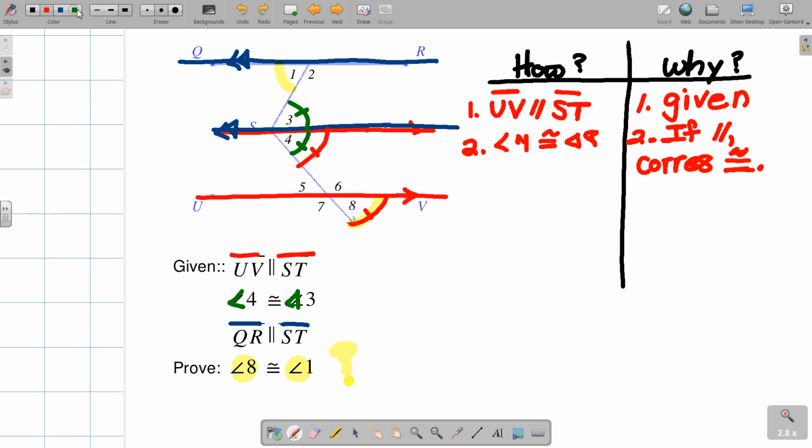All right, now let's see what else we can do here. I just mentioned angle 4, and I have an angle 4 here, so I'm going to connect them. So I know angle 4 and angle 3 are congruent. Keeps turning out like a B here. Let's try to make that look like a 3.